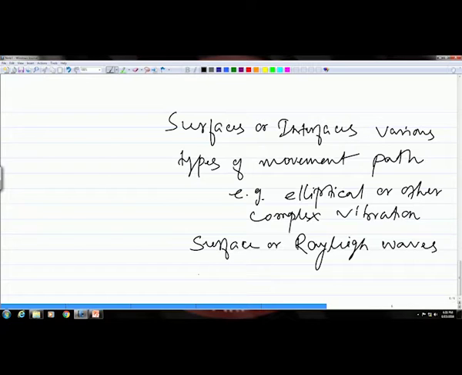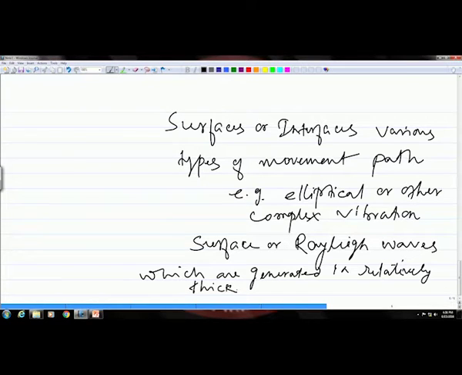which are generated in relatively thick samples. Okay, so let us say if the sound is moving in this direction.